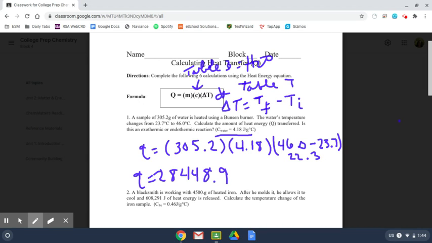We want the smallest number of sig figs. Looks like that's 3. So round that to 3 sig figs would be 284, hold your zeros, 00 joules. If it doesn't tell you to round to sig figs, you can just round to something appropriate.